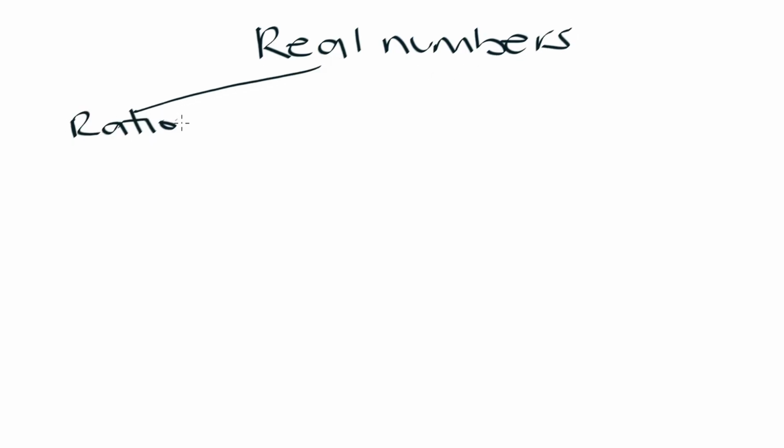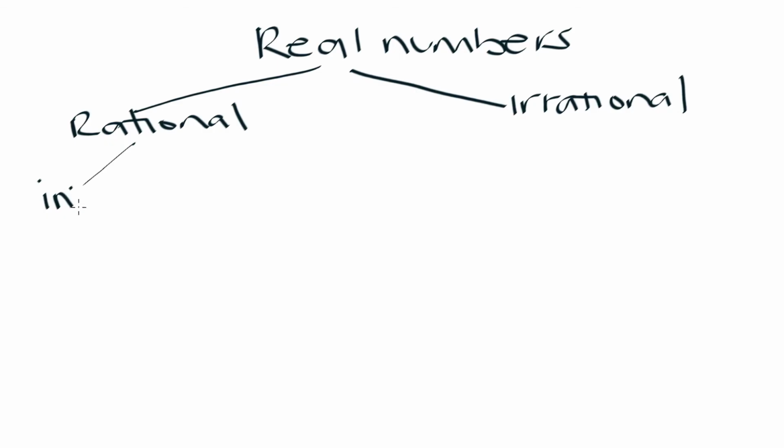So in our set of real numbers, this is going to include both rational as well as irrational numbers. And within our rational numbers, we can have integers, we can have fractions.